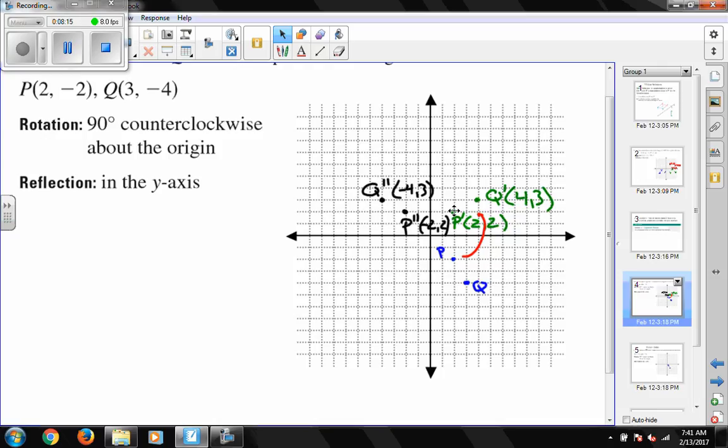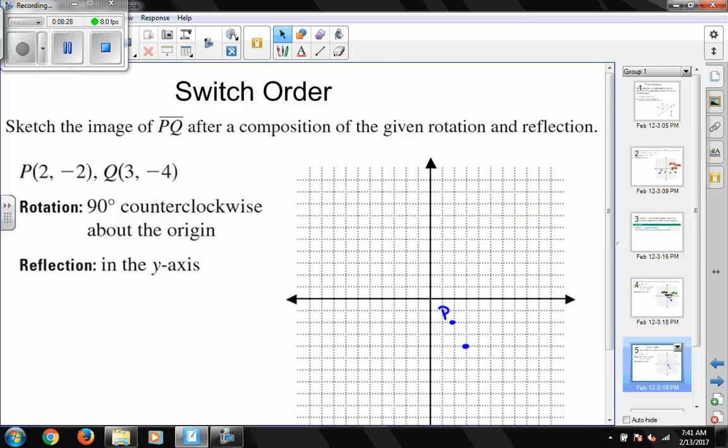Obviously, things are not going to always be parallel. There was no parallel translation in this. So let's take a look at the exact same problem that we just started with. But now what if we do the reflection first and then the rotation?